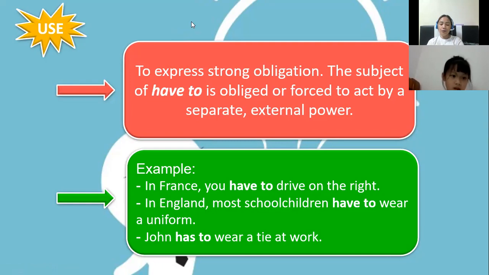Okay, so have to is to express strong obligation. The subject of have to is obliged or forced to act by a separate external power. Example: in France, you have to drive on the right. In England, most school children have to wear a uniform. John has to wear a tie at work.